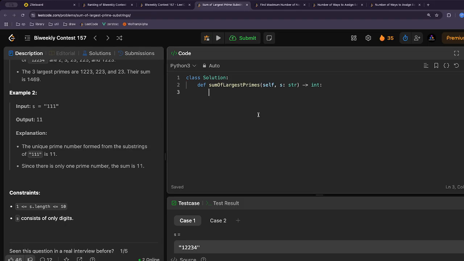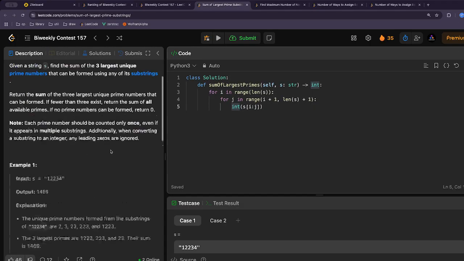But we can go over all the indices, right? We do the typical, so we want J to be the end of the subarray, exclusive, so that means that we want it to go up to length of s, and so now we have the substring, and we can parse it like this, and this is going to work, right?